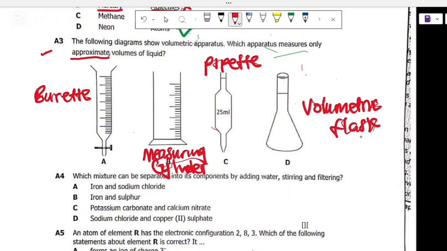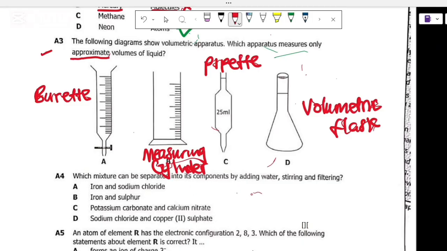Now, what you need to understand is there are only 3 among these that are able to measure the volume accurately, not approximately. Approximation doesn't equal accuracy. These are the units of measurements, the experimental techniques in chemistry.